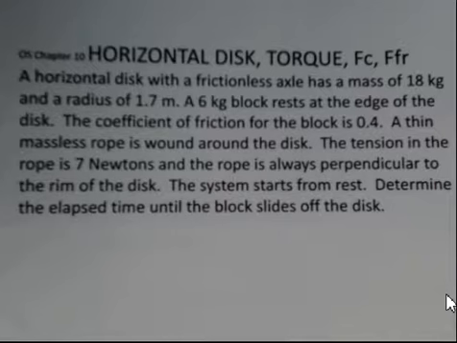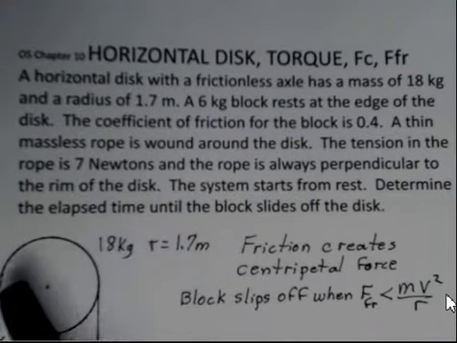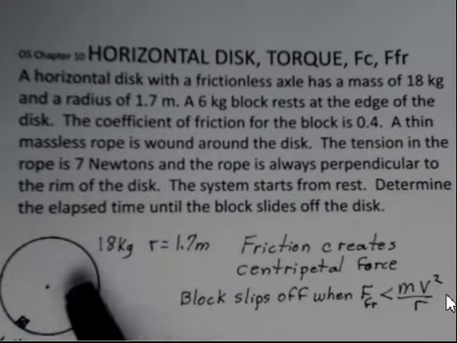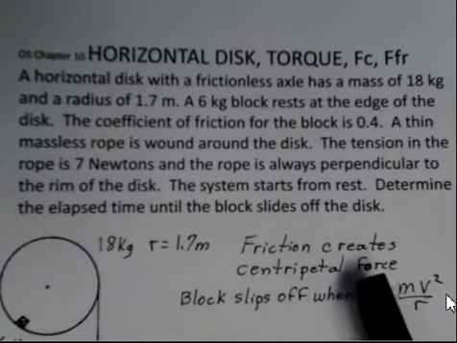So we're going to be spinning this disk. As it spins, in order for the block to stay in circular motion, there must be a centripetal force towards the center. That centripetal force is created by friction.